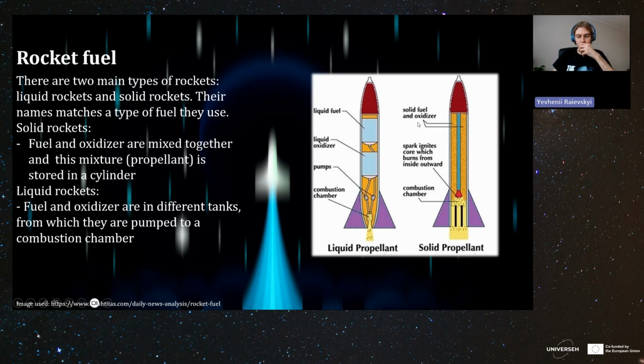In the solid propellant, the reaction occurs slowly at the beginning in the area where the mixture is ignited, and it expands higher and higher. So this is a very fundamental difference between those propellants. How do they work?